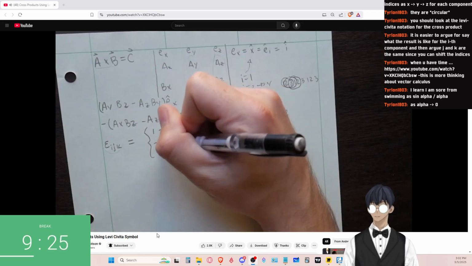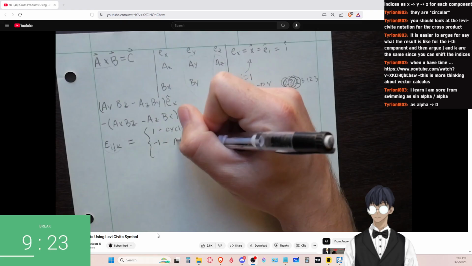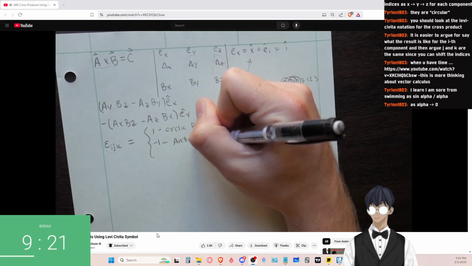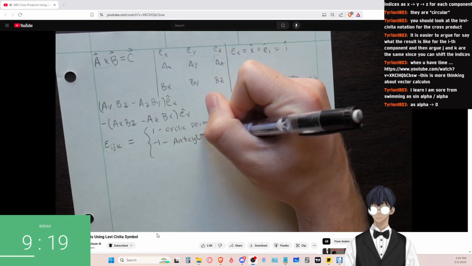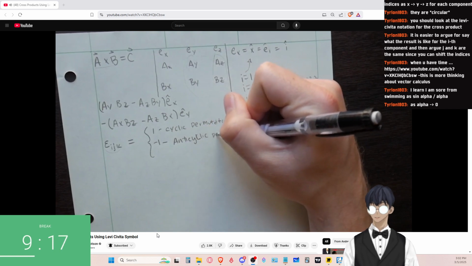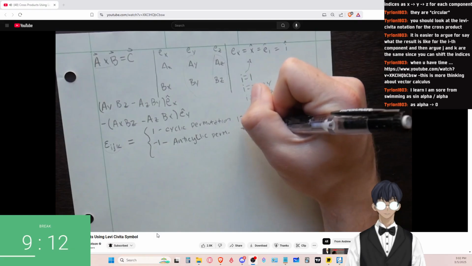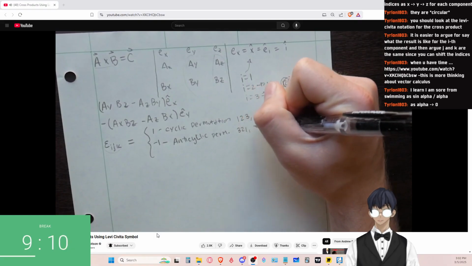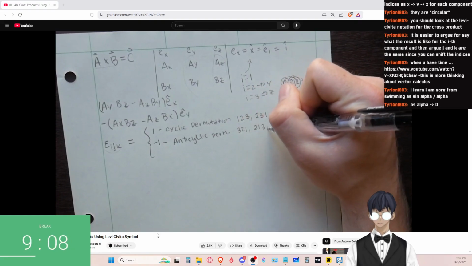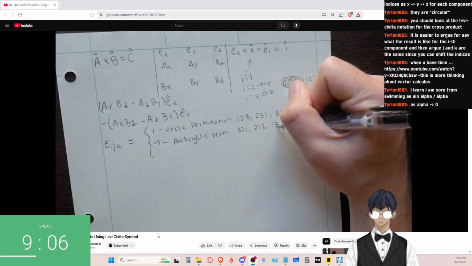So if you come across any of these combinations, this symbol is 1. This symbol is -1 for anti-cyclic permutations. Meaning, if it goes backwards, so if we get 3, 2, 1, or 2, 1, 3, or 1, 3, 2.